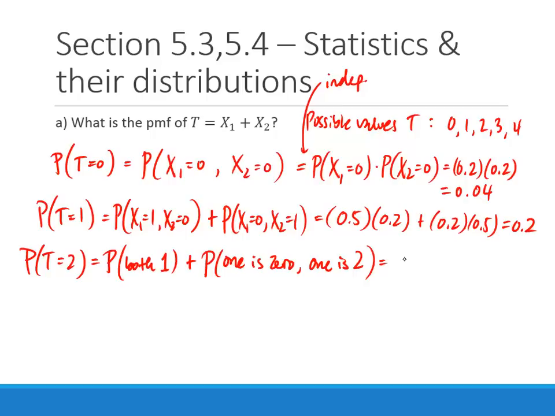Okay, so the probability that they're both equal to 1, that's just 0.5 times 0.5. That's the probability that x1 equals 1 and x2 equals 1. Then we need to add on the chance that one of them is 0 and the other one is 2. So that can happen in one of two ways, with probability 0.2 times 0.3. Again, I'm multiplying that by 2 because it could be either one. I could have two different orders there. I could have x1 equals 0, x2 equals 2, or x1 equals 2, x2 equals 0. And that has probability, multiplying all those together, that's 0.37.